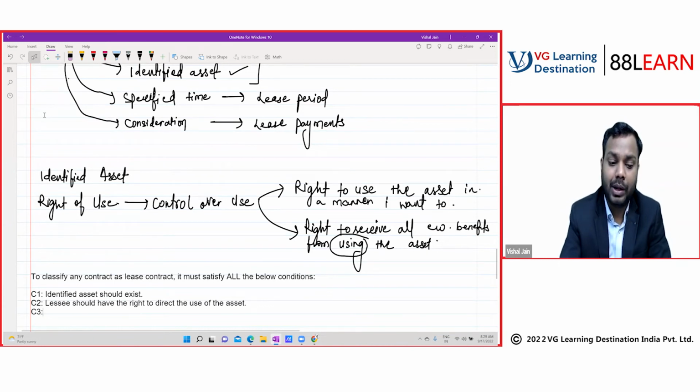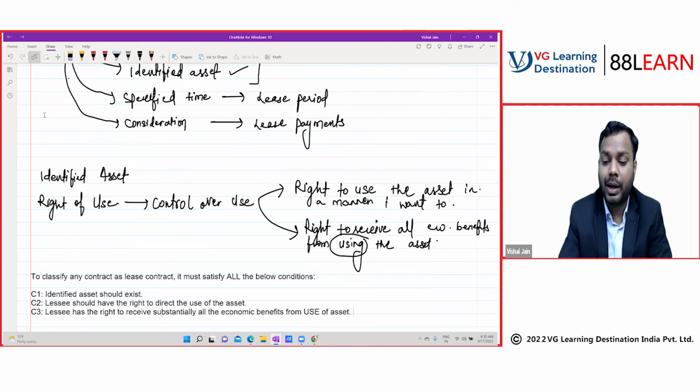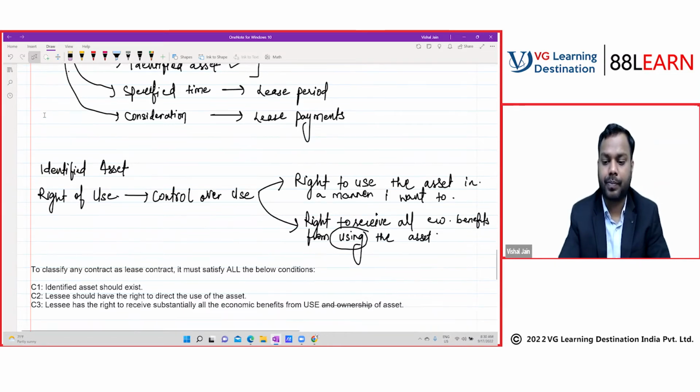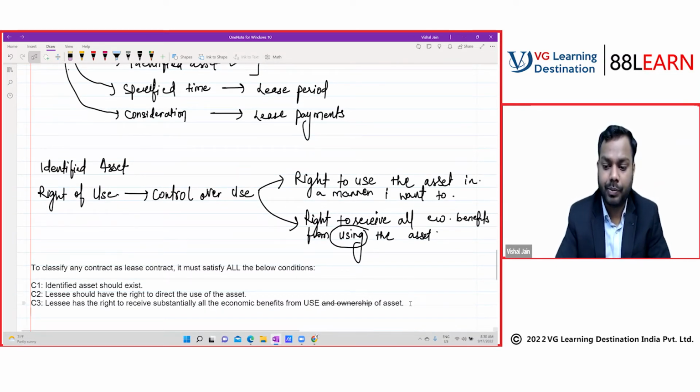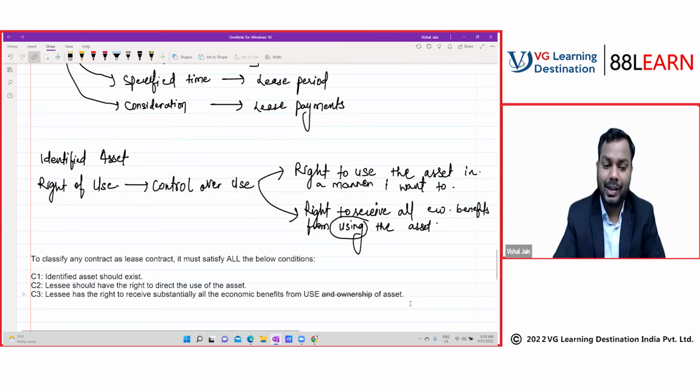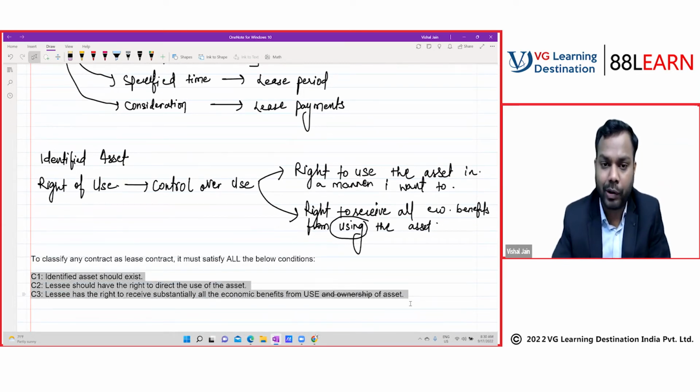Condition number 3 is that the lessee has the right to receive substantially all the economic benefits from use of the asset. I'm not talking about ownership, only use. Tell me, is that clear now? Definitely we'll discuss each of these 3 conditions, but tell me from a gross level, is it clear now?